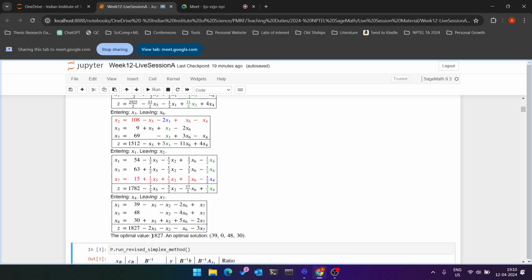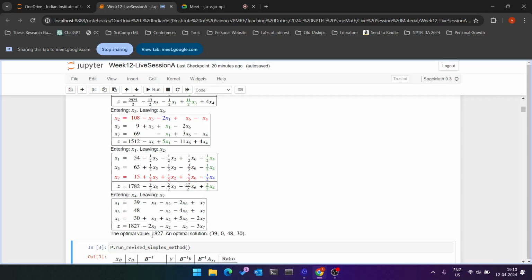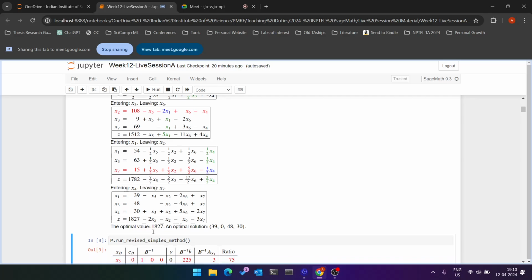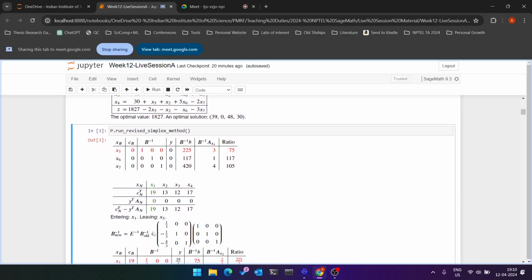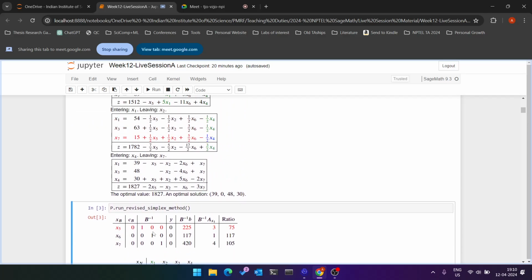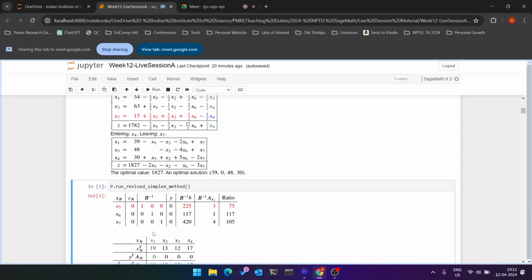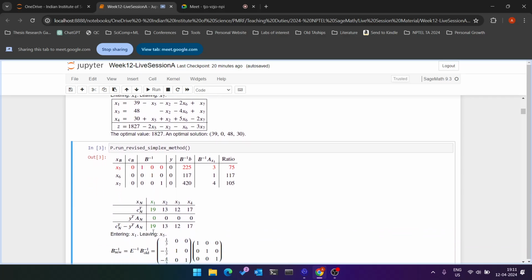In this case, x5, x2, x6, x7 all going to 0 becomes our optimal solution, which plugged in gives x1, x3, x4 values. So this is the basic simplex method that we have seen previously, and an iteration of the same using inbuilt functions in SageMath.